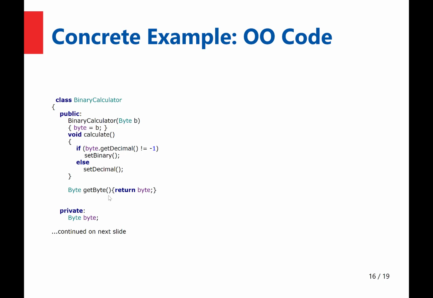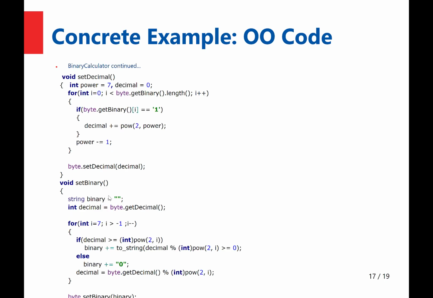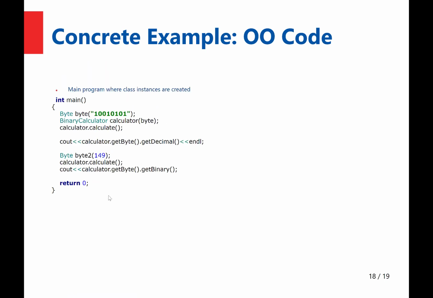So now we saw the byte object, we saw the binary calculator. Now let's see how we would use it from a main function. So as you can see, in main we create an object byte, right? We send it a binary value of 1001 0101, and then we create a calculator object here, and we say we want to use this byte object, and then we call calculator.calculate so that it can get decimal, and then we display the decimal value.